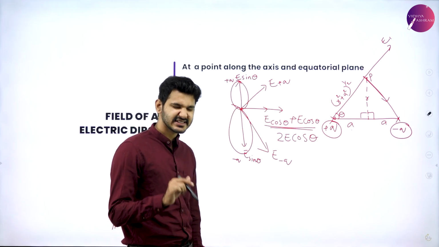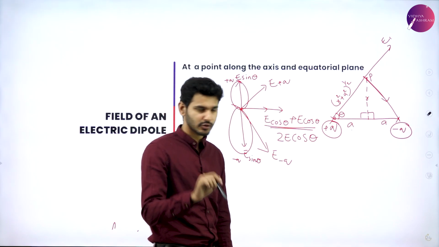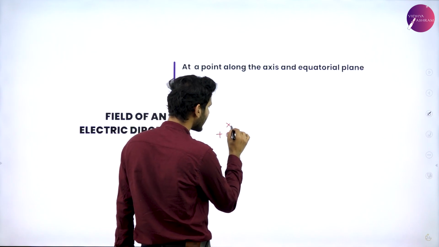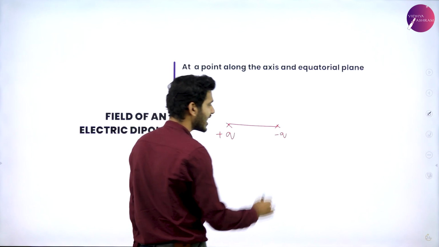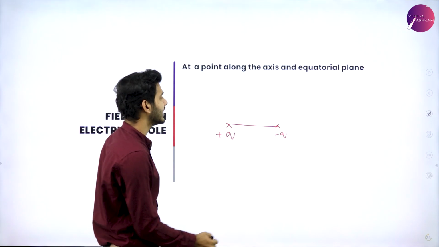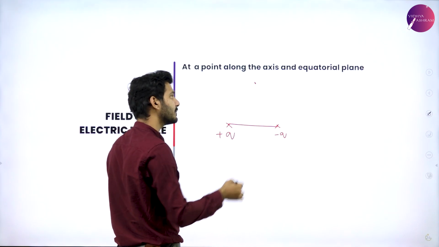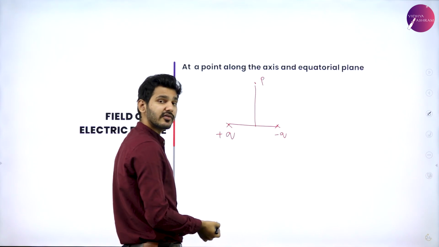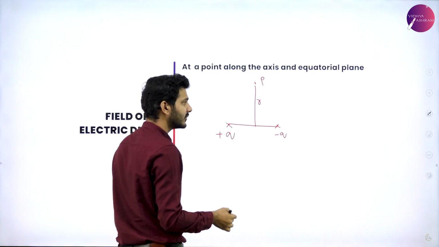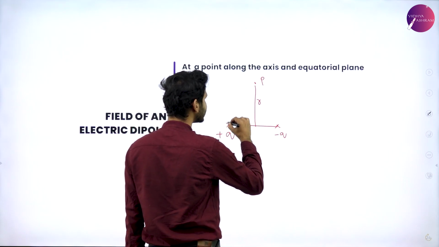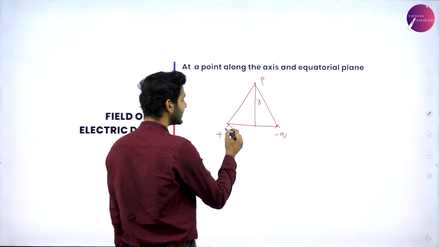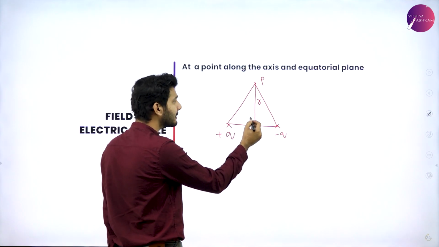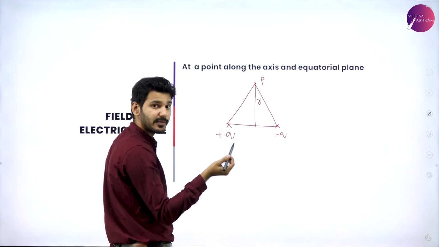I know this might be getting slightly confusing, so let me explain it just one more time. First, we are considering a dipole, that is plus Q and minus Q, and we are taking a point on the equatorial plane. Let's say this is a point P along the equatorial plane, and the distance from the center of the dipole to that particular point P is denoted by R. Then the distance from Q to P is given by base squared plus altitude squared, using Pythagoras theorem.